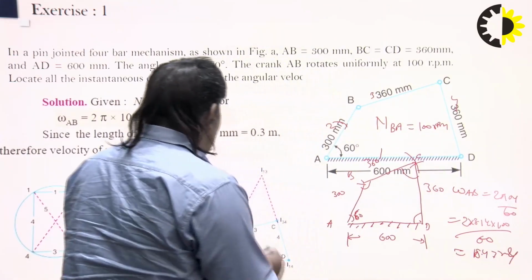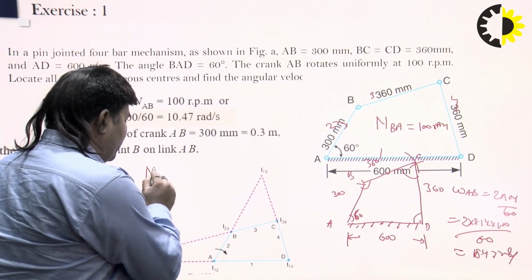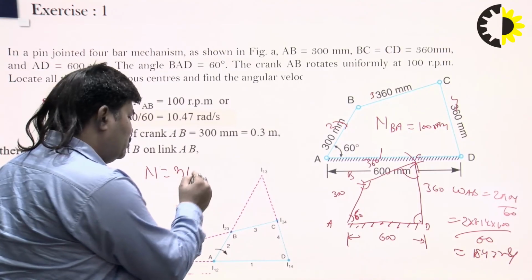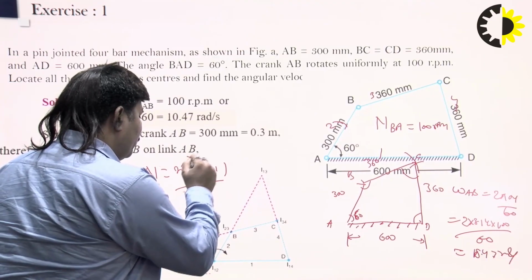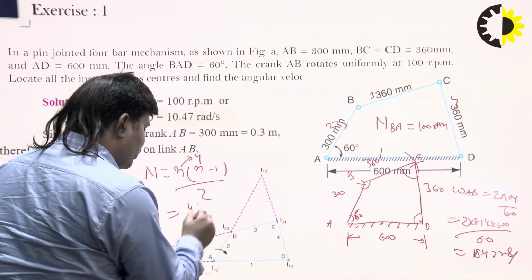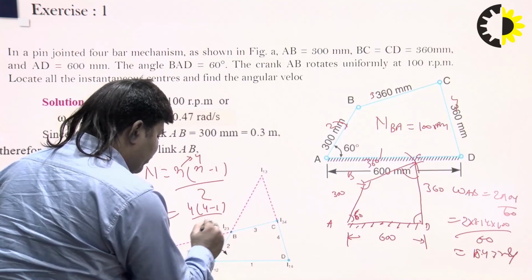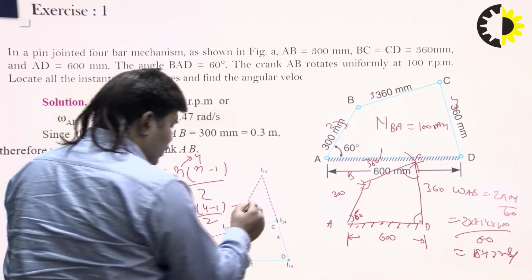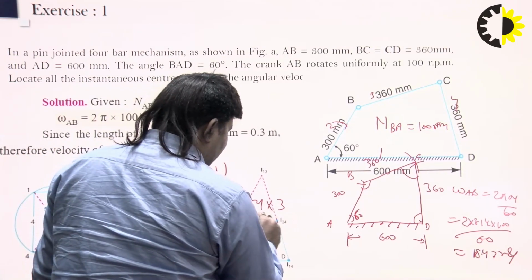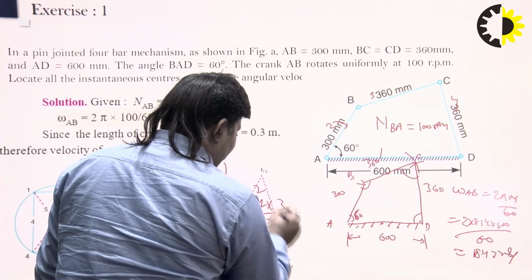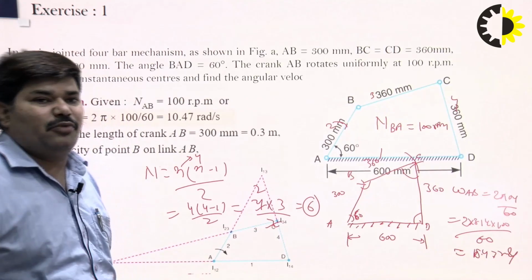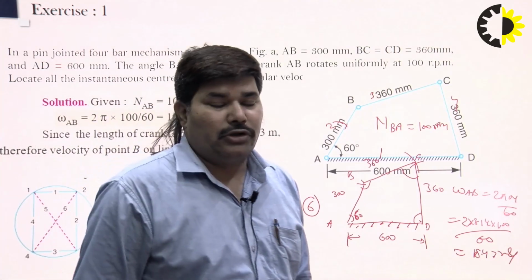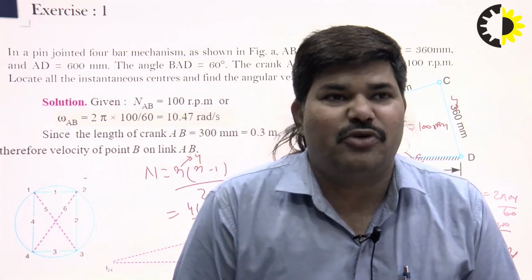We use the formula capital N equal to n into n minus 1 by 2, where small n is 4, a total of 4 links. So, 4 into 4 minus 1 divided by 2, that is 4 into 3 divided by 2, which is 6. So, 6 instantaneous centers are possible in this case.